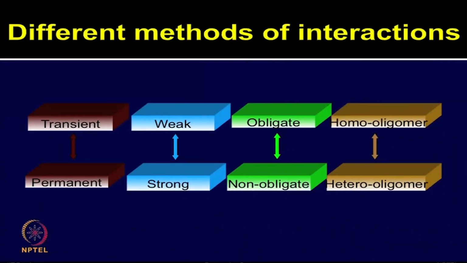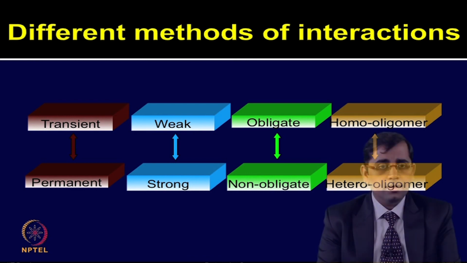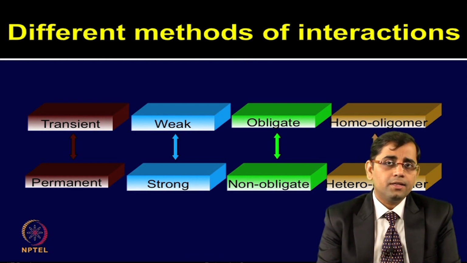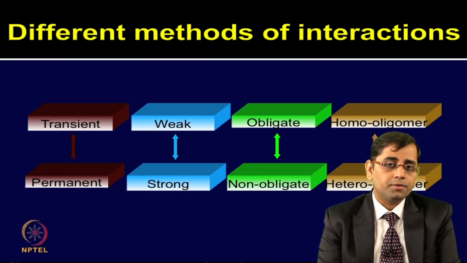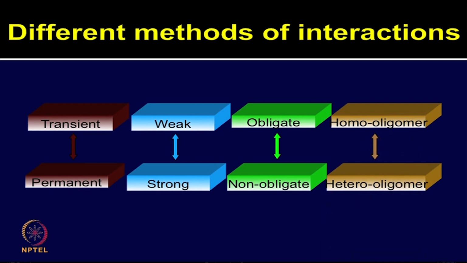There are a few interactions which are very transient, that is, they would last for a very short duration, while there could be other interactions which could be permanent. A few interactions are weak, whereas other interactions could be very strong. These characteristics significantly affect the activity of proteins and the signals which they trigger.